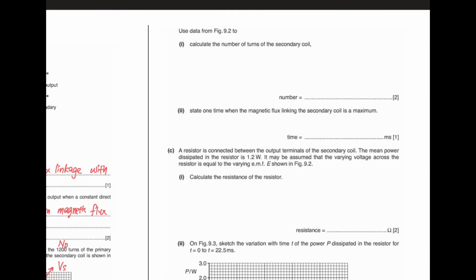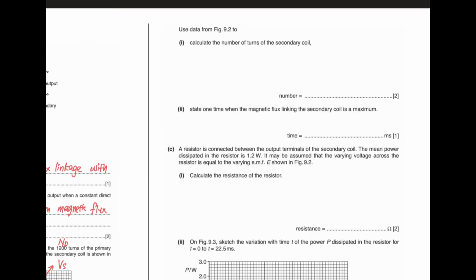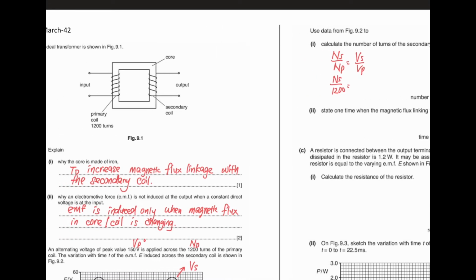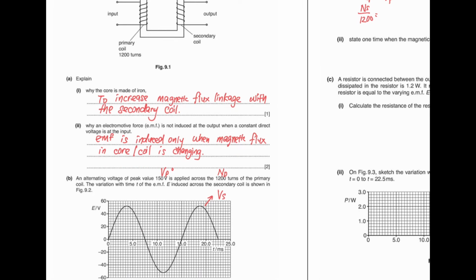Use data from figure 9.2 to calculate the number of turns of the secondary coil. So we use this formula: Ns over Np equal to Vs over Vp. Ns is unknown, Np is 1200. For Vs and Vp you may be wondering, should I use root mean square or peak?